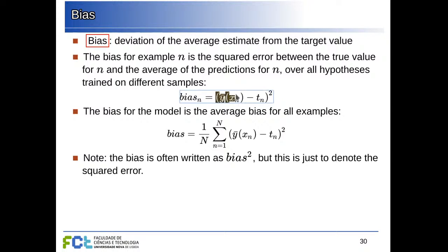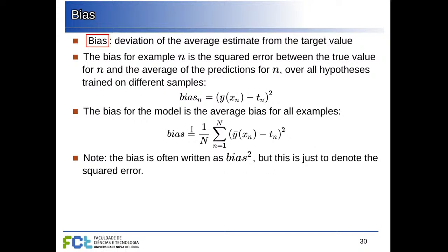In this case, it's the square of the difference between the prediction for that point and what the target value would be. So remember that sometimes the bias is represented as bias squared, but this is not because we are squaring it, it's just because it's the square of that difference. And we can compute the bias for the model by averaging for all examples.